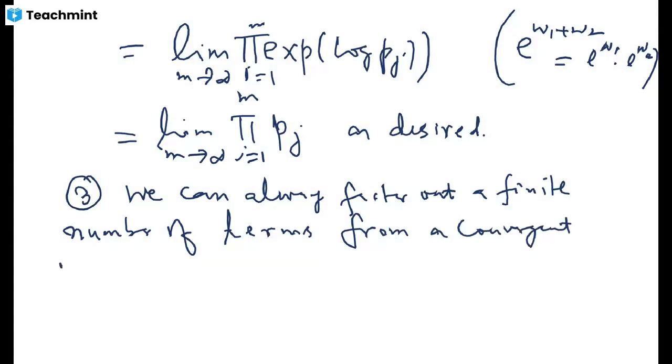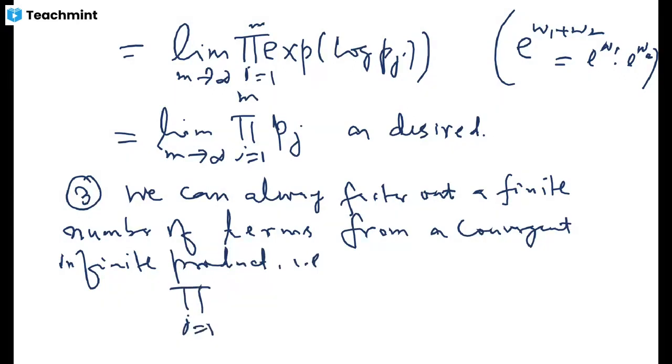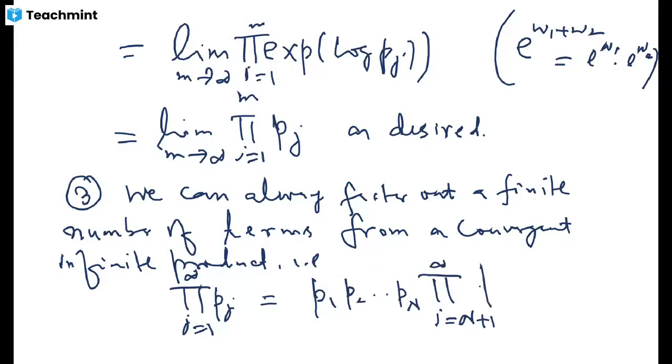That is to say, if you have an infinite product j from 1 to infinity of pj, you can factor out some finite number of terms p1, p2, and so on up to some pn, and you can write it in this way: times the product j from n plus 1 to infinity of p of j. This can always be done.